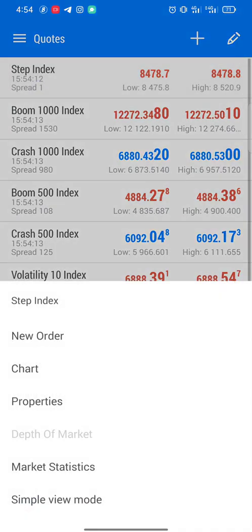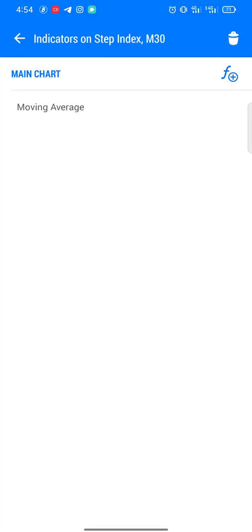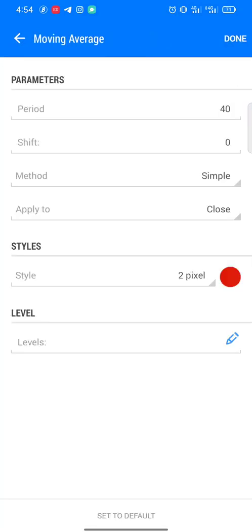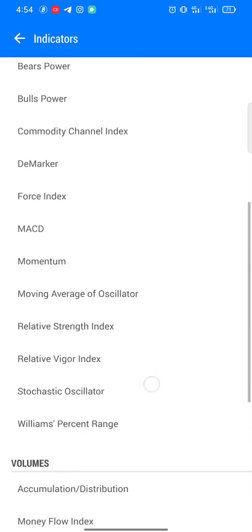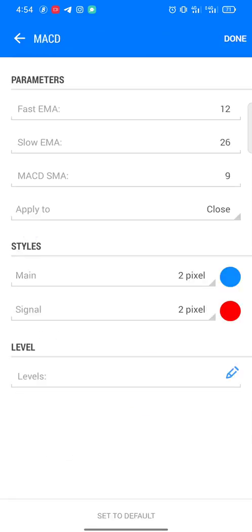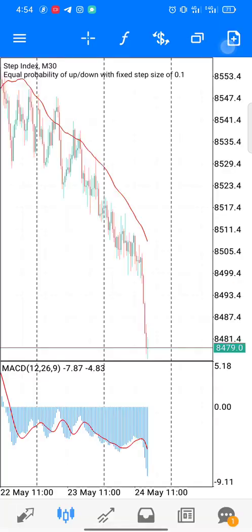Then we're going to add the MACD indicator: fast EMA 12, slow EMA 26, MACD SMA 9, apply to close. Main 2 pixels, signal 2, use the same color for better understanding, and then you're done.